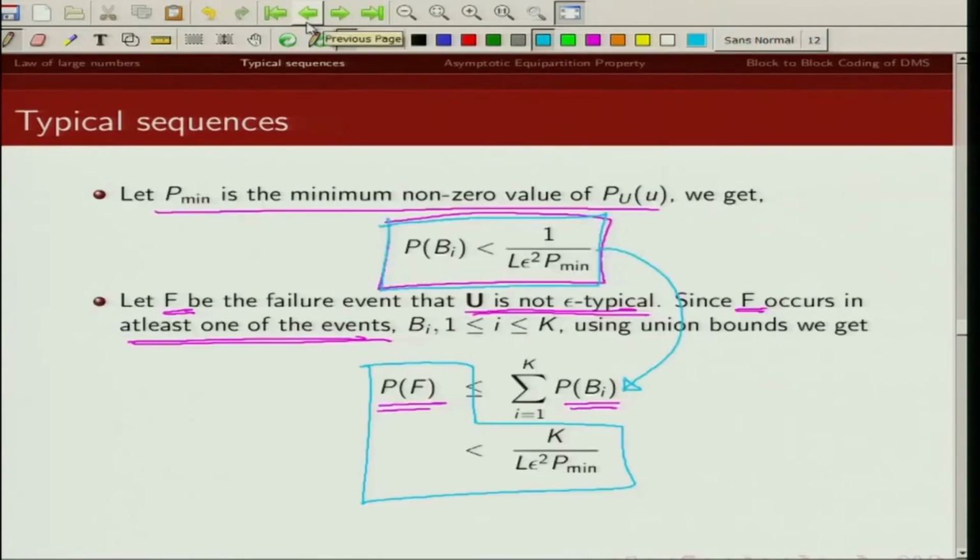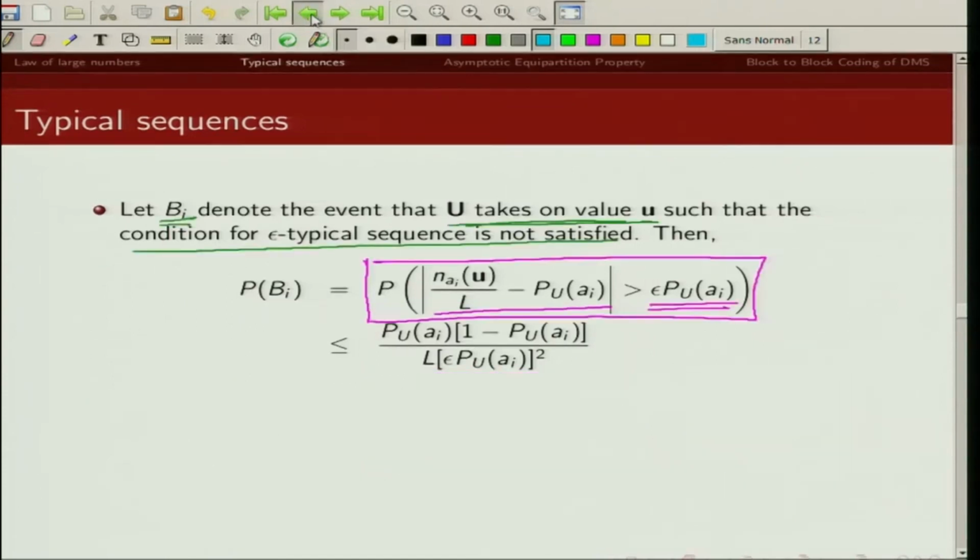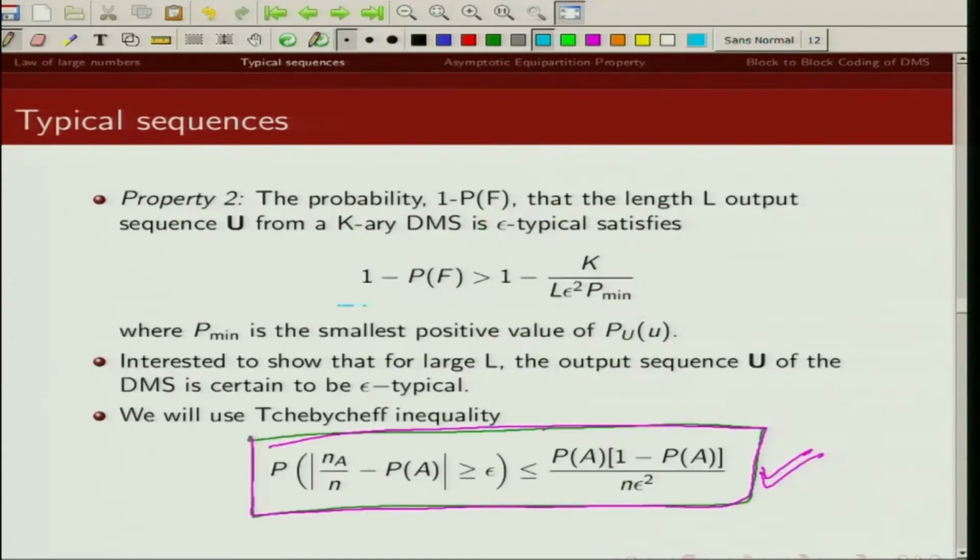You can see we get the second property of the typical sequence, that 1 minus P of F is greater than or equal to 1 minus K divided by L epsilon square P minimum. So this is the second property of typical sequences.